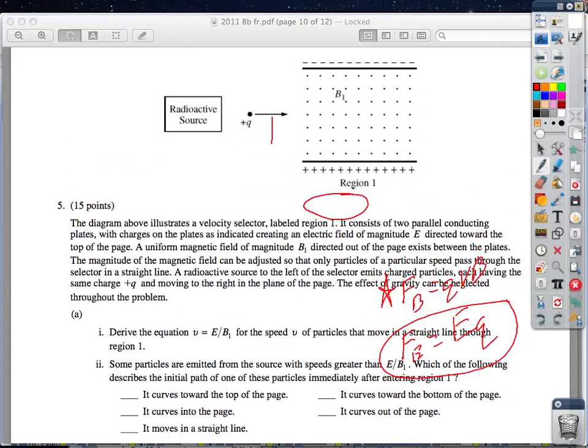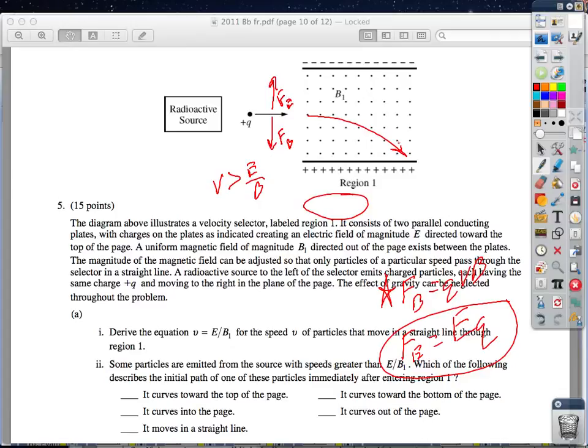Which one's going down? And which one's going up? Right? E is going up and B is going down, right? So if v is greater than E over B, then it should go down. Does that make sense? Question?